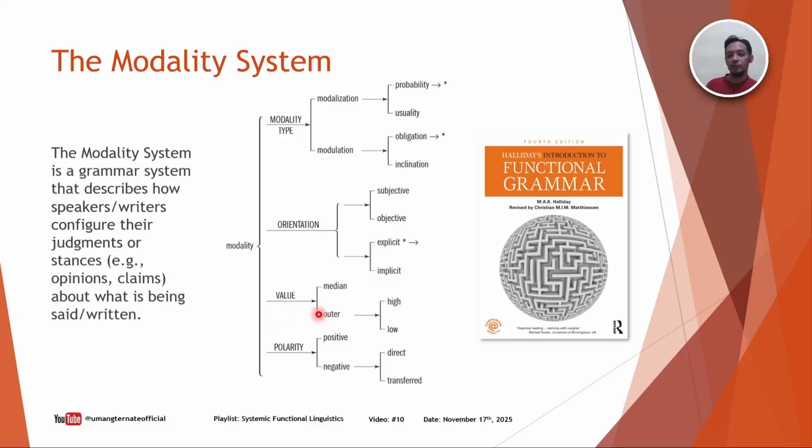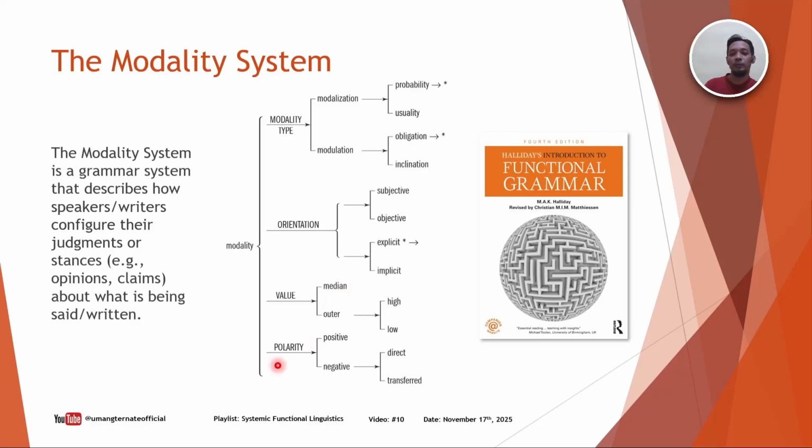And the value, in general we can say that there are three values or degrees of modality: low, medium, and high. Halliday uses the term median, but in other SFL sources, it is called medium.